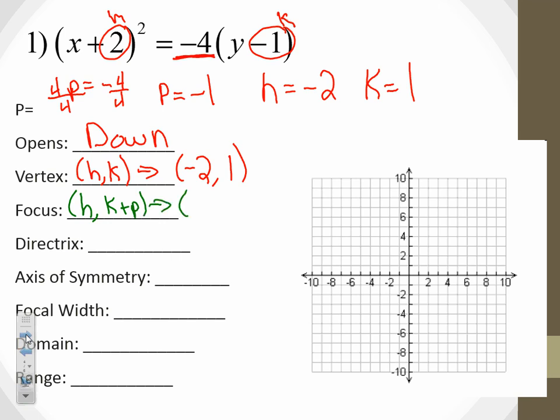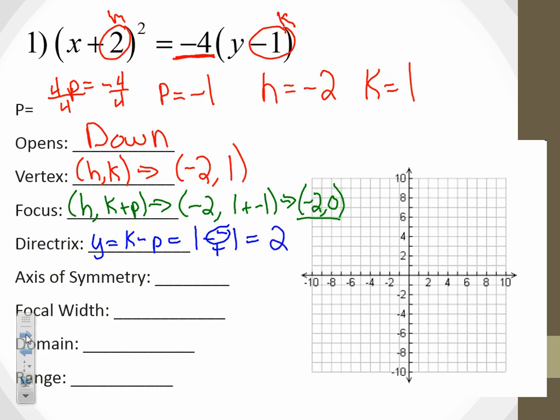So our h is negative 2, our k is 1, plus a negative 1. So this for us is going to be negative 2, 0. Now our Directrix, which is our line, is y equals k minus p. So that's going to be 1 minus a negative 1. This is going to turn into a positive, so it's going to be 2.